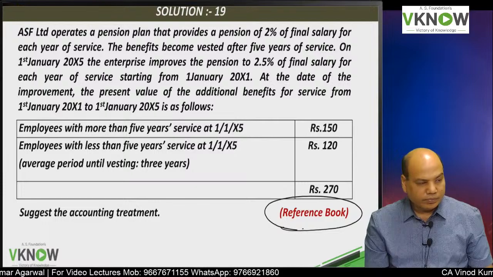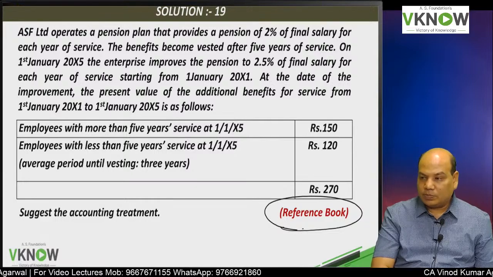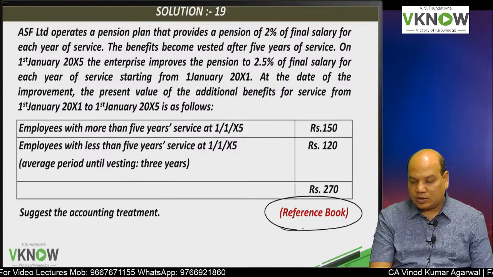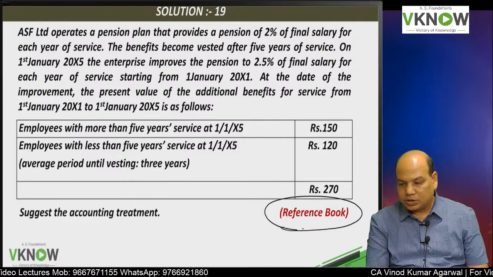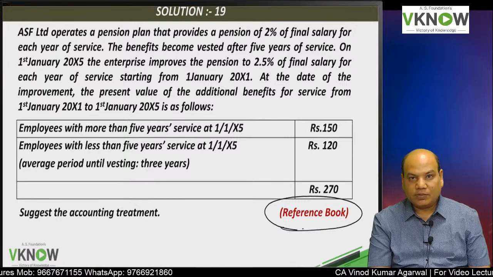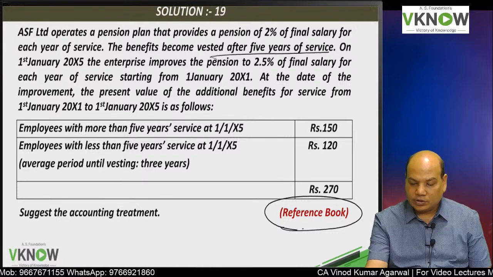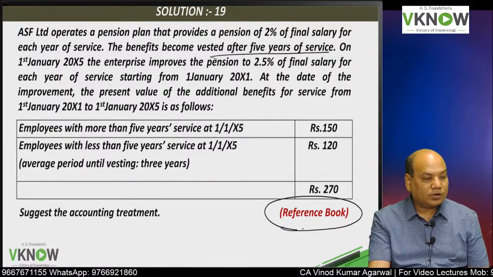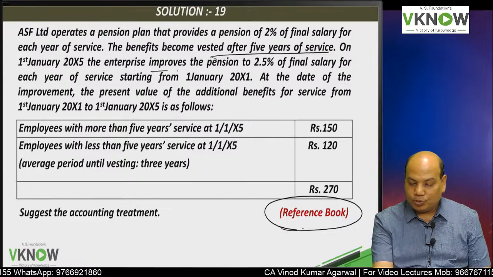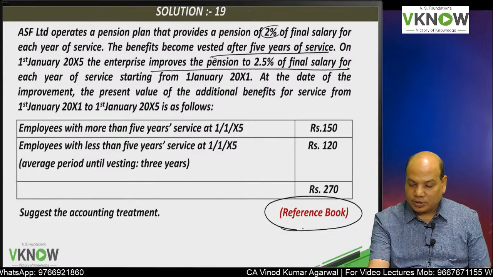Very important. ASF Limited operates a pension plan that provides a pension of 2% of final salary for each year of service. The benefits become vested after 5 years of service. On 1st January, the enterprise improves the pension to 2.5%.